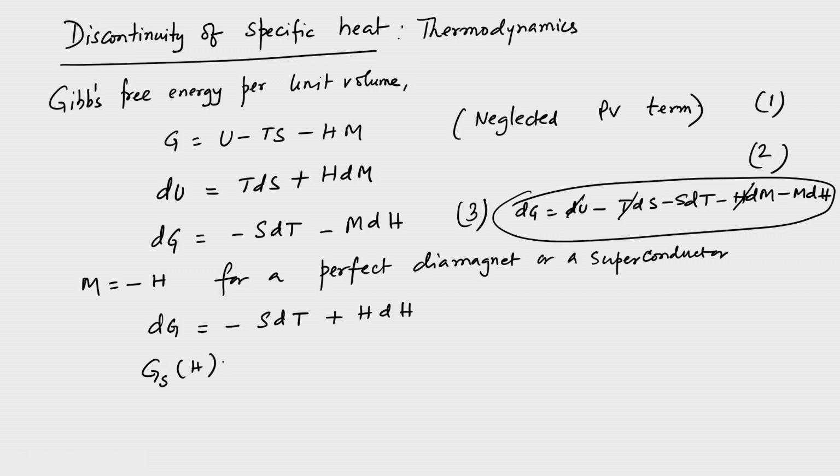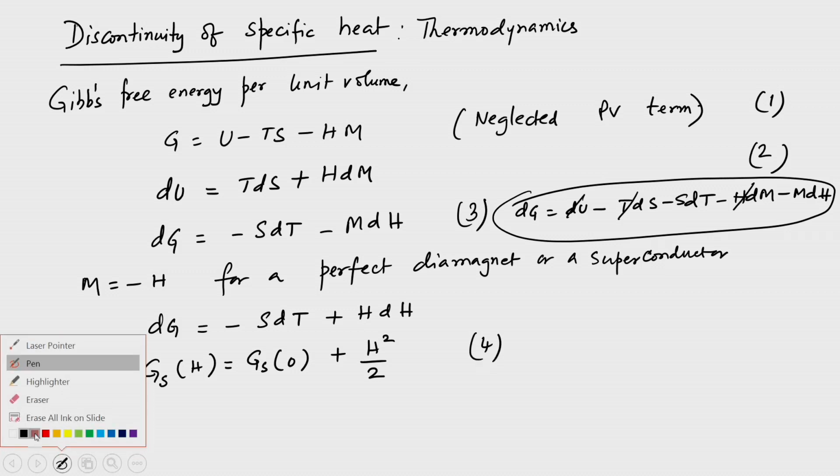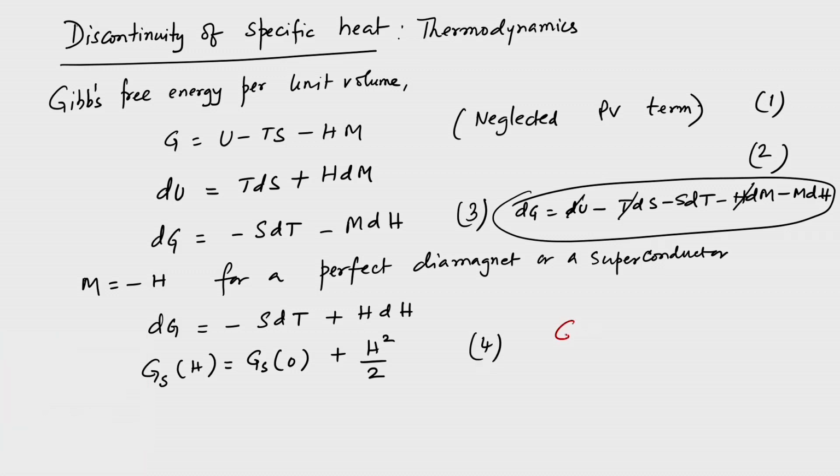So, this G s is equal to G s 0, this is at H equal to 0, plus H square by 2. Okay. So, this is say equation 4, and let me use a different color, and to say that this is the Gibbs free energy for the superconductor.